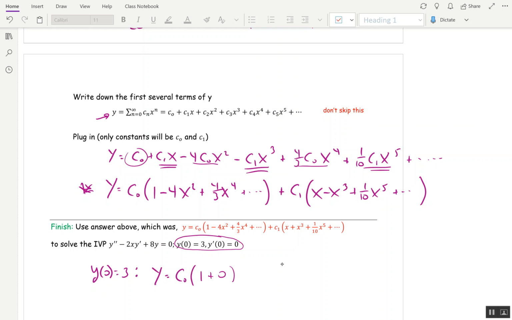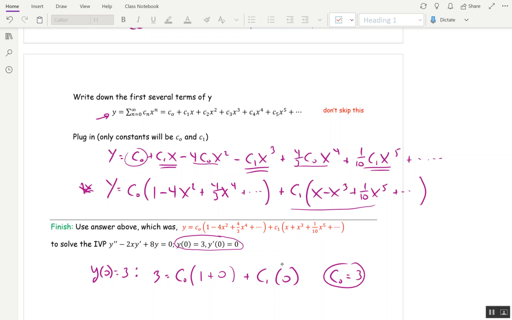And then in the second portion, everything gets killed off. Oh, sorry. On this side, instead of y, I want 3 because y of 0 is 3. So I put 3 in for y and 0 in for x. And I see that C naught is 3.